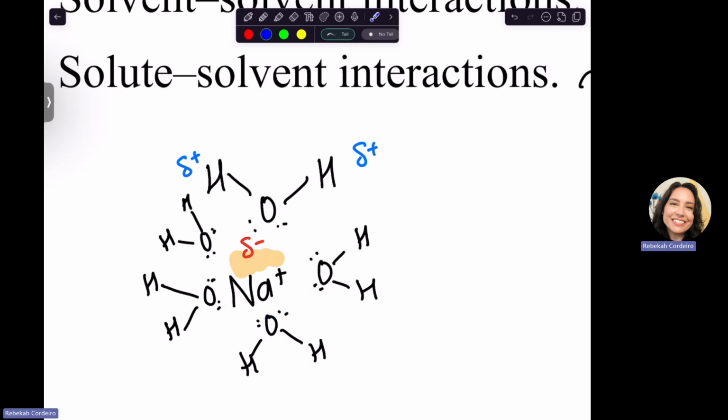It's a lot, and water is literally going to surround it. And so hopefully that gives you a little bit more reason of like, why would it even dissolve? Well, because we probably get a lot of ion dipoles just from breaking that one ionic interaction. And then the same would happen to the chloride. The chloride would have the hydrogens all around it because it's negative.